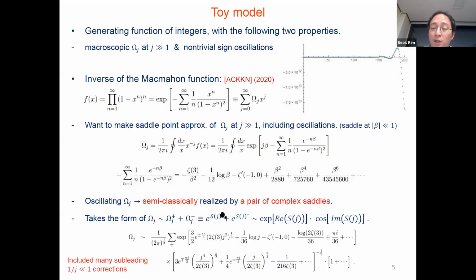And if you add the complex conjugate phase part, you get the cosine of the imaginary part of the formal entropy function. So you perfectly realize a macroscopically growing number with the sign oscillations realized by this cosine oscillation. So this is a natural way of getting a macroscopic number which cosine oscillates.